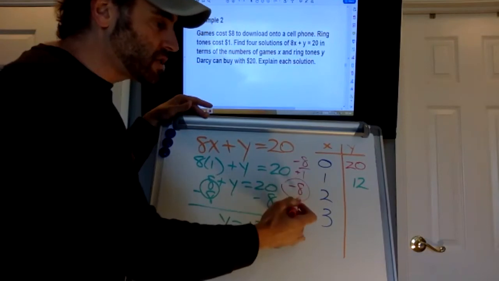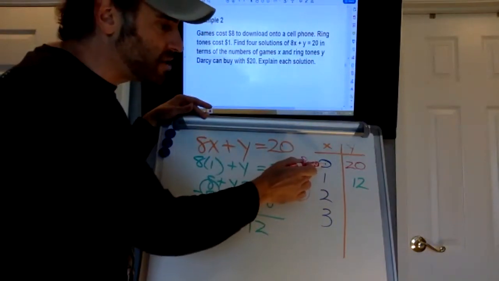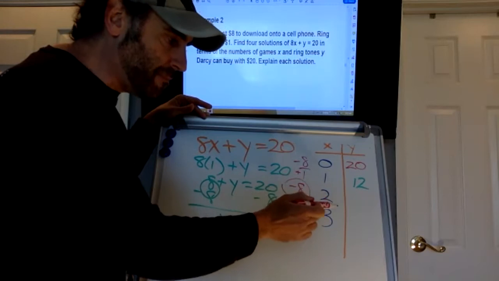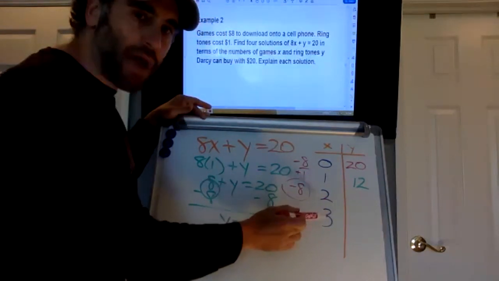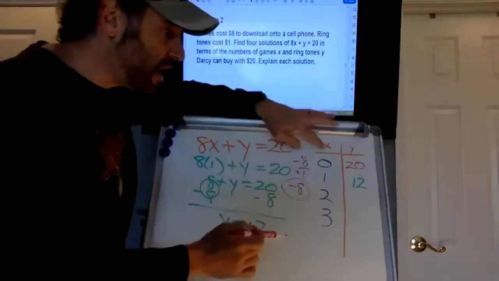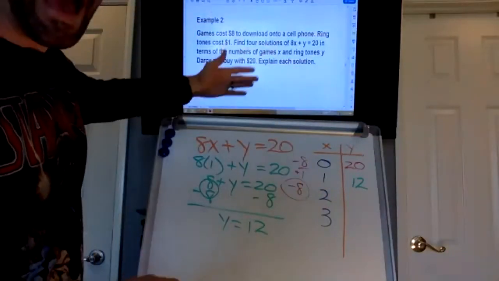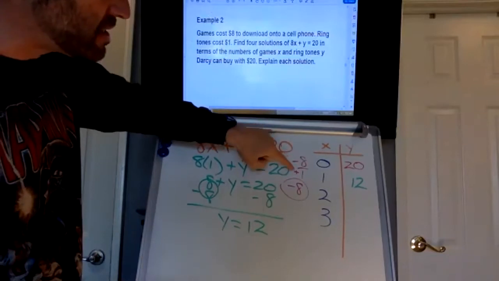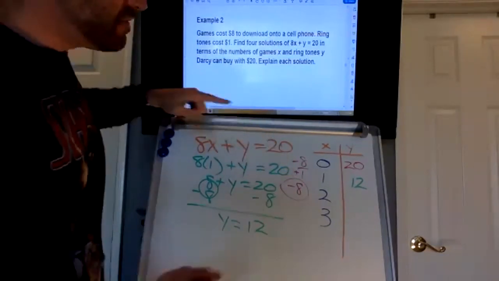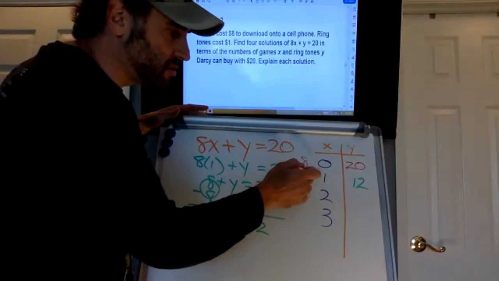When I use the slope, my strategy was to keep the pattern the same. Remember I told you that's why I chose these. I could have gone up by 2: 0, 2, 4, 6. As long as you go up by a pattern, it'll allow you to calculate the slope. This is going to go down 8 every time this goes up by 1.